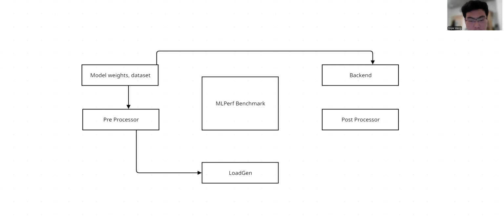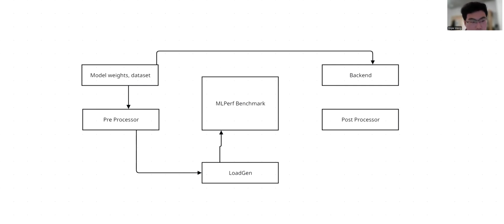So now the timer starts, and load gen dispatches some of the data to the MLPerf benchmark. Upon receiving the input data from the load gen, it then sends the data to the backend for inferencing.